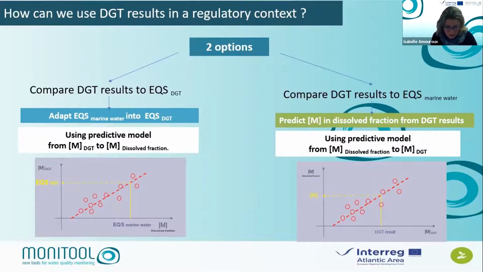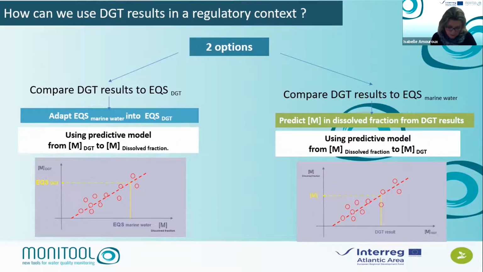In one case, the relation allows predicting the concentration in DGT from the measured concentration in dissolved fraction. And in the other case, the inverse relationship is considered, and it is possible to predict the concentration in dissolved fraction from DGT results. So I'm going to present you the results of these two options.